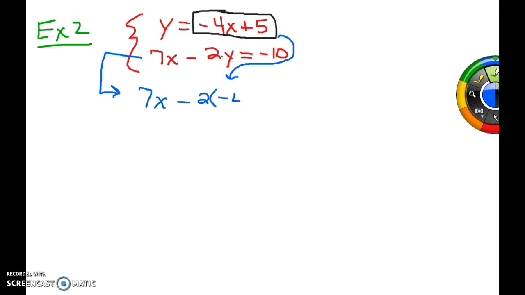So I'm going to replace it with the negative 4x plus 5. And then again, the part that you can't forget is you're rewriting this equation. We can't change the equation. We're just rewriting it. So I still need the equal sign and I still need the negative 10. So you can't forget that second part. This equation and this equation are exactly the same thing.